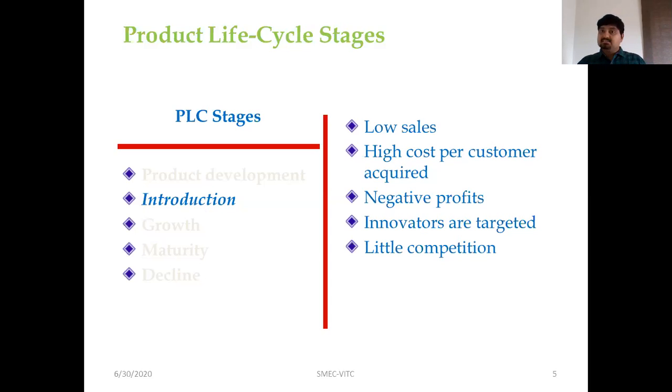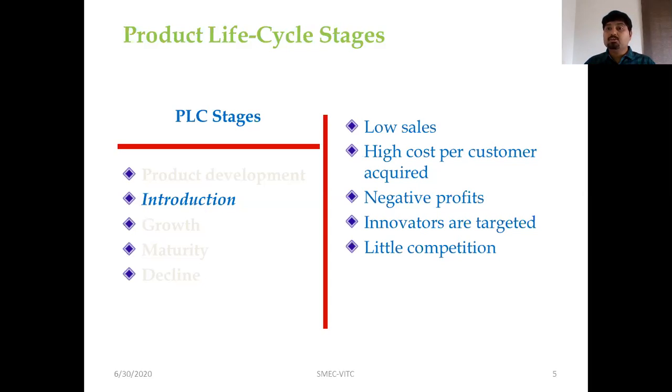And as it is an initial stage of making the product enter into the market, we could witness negative profits.